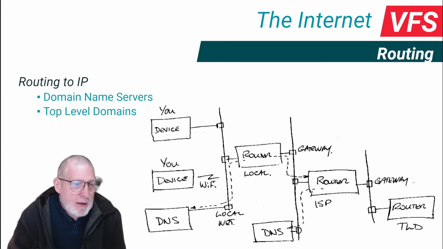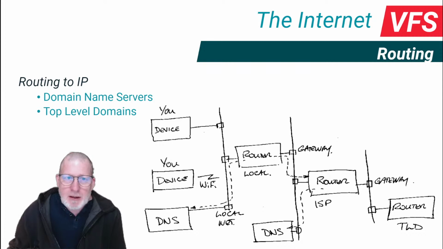So, my device sitting there is connected to a local area network. And that local area network has a bunch of different devices on it. And if you're connected via the Wi-Fi, you're connected over a radio communications channel directly to the switch or the router.